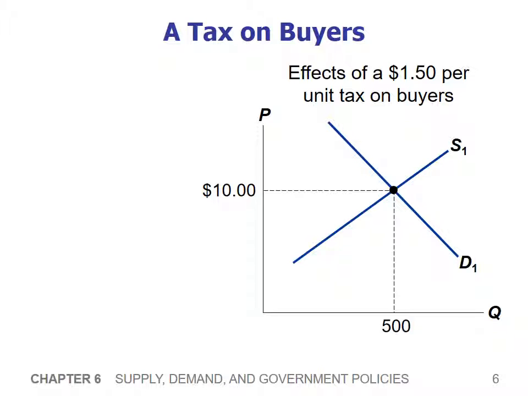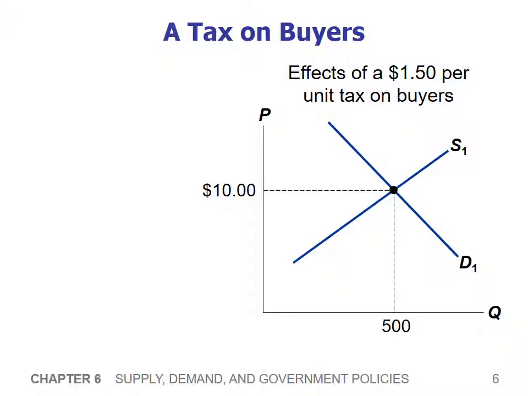As I said before, the demand curve captures the maximum amount buyers are willing to pay for a particular unit. When you impose a tax of $1.50, this is an additional expense on the buyers. They value 500 pizzas at $10 a pizza, and this value will not change.